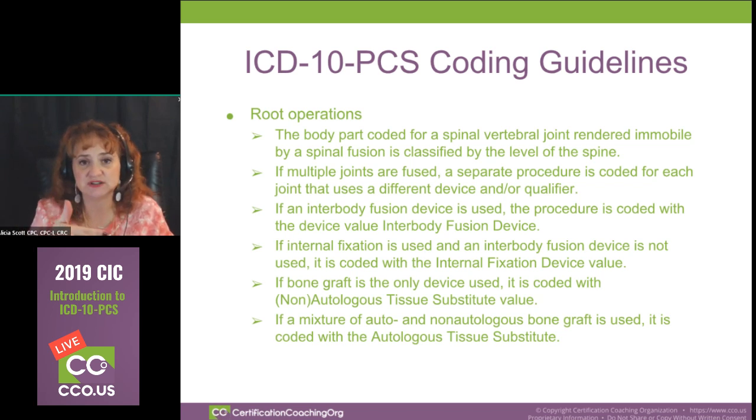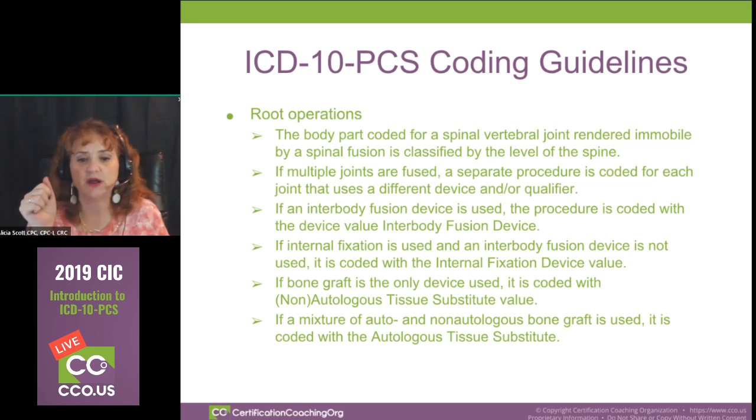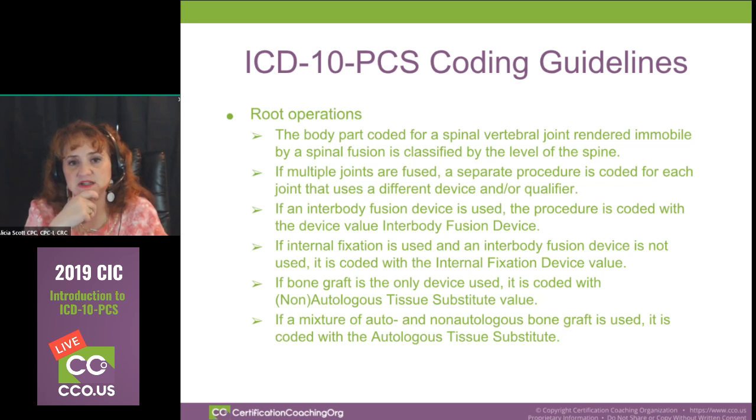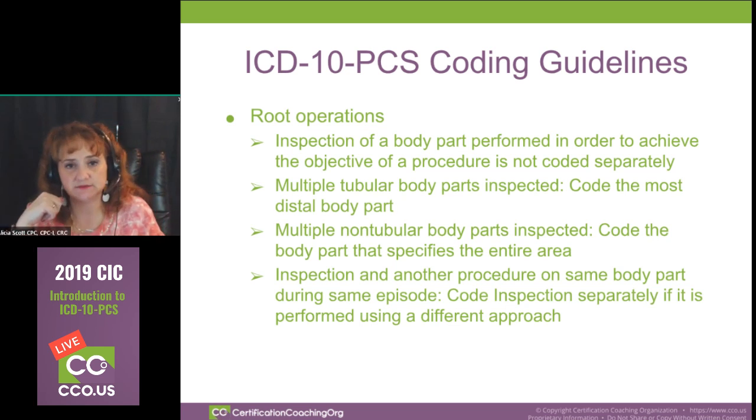So that's like a default. So if you're going to use both, and they do that when they fuse, when they work on the spine and they're going to build up the vertebra with a cage, they may use the autologous, the bone from your own body, and then non-autologous to do that. You just go ahead and default to the one code, autologous, but you may use it more than once because you're building up different parts of the spine.